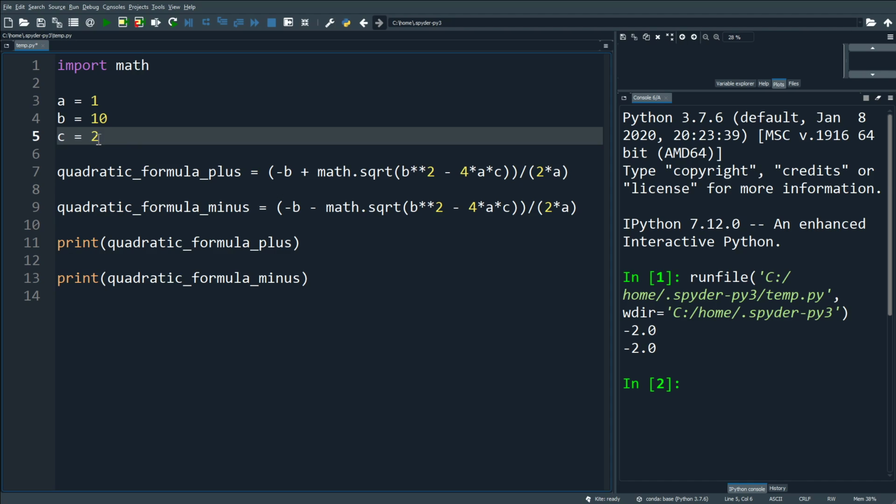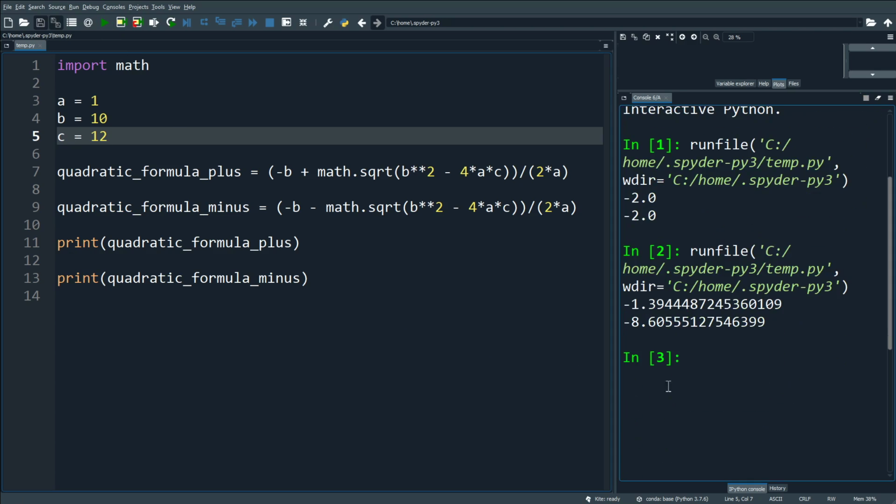No, I'm just doing perfect squared. 12. Whatever. Let's run it. Now we get our two different values. And you know, you could do the math yourself and check it.